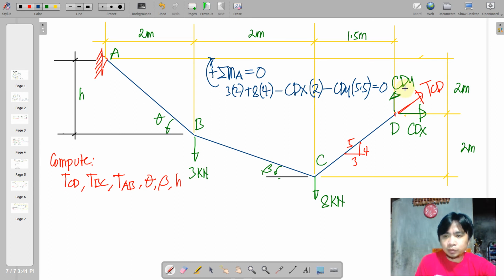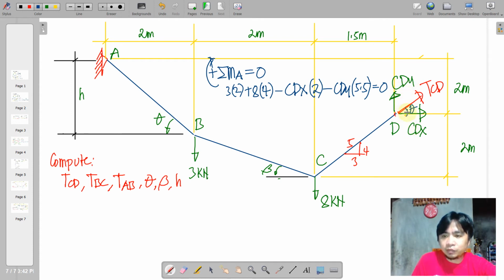From this slope of CD, it is known that the slope is a 3, 4, 5 triangle. We'll just take an angle here referred from the horizontal line and then find the appropriate trigonometric function for CDY and CDX.